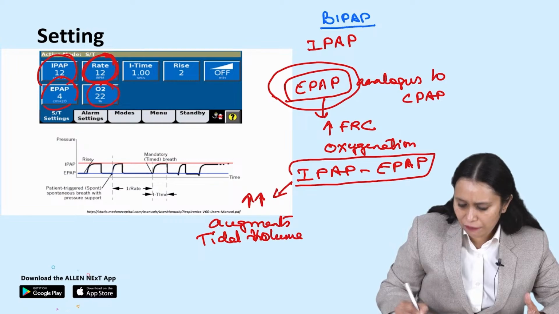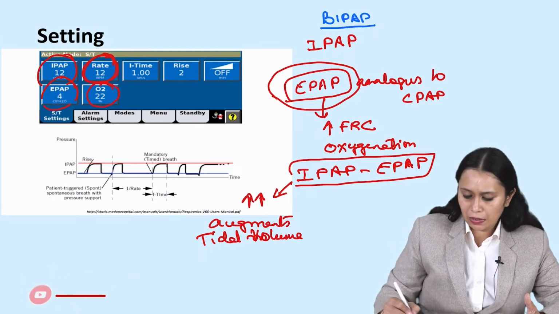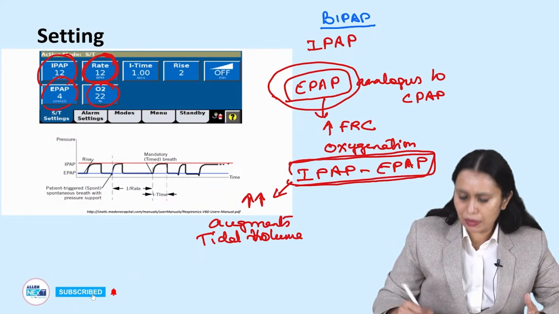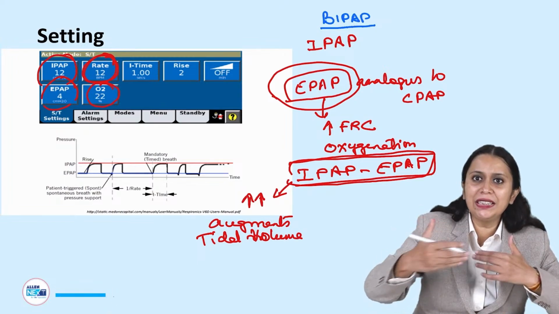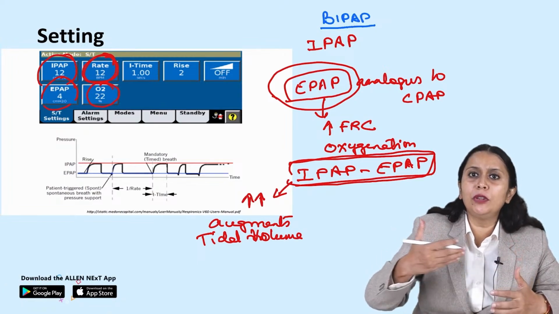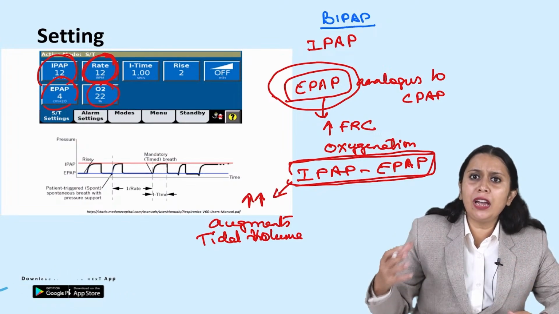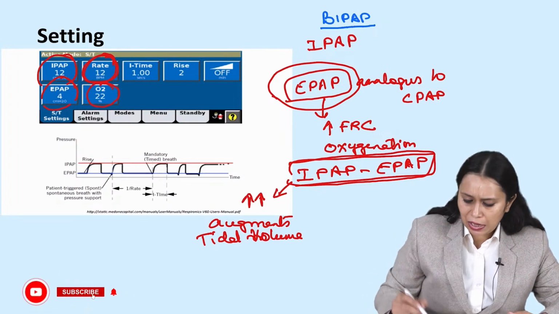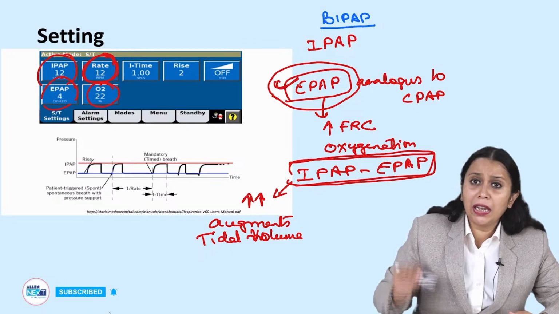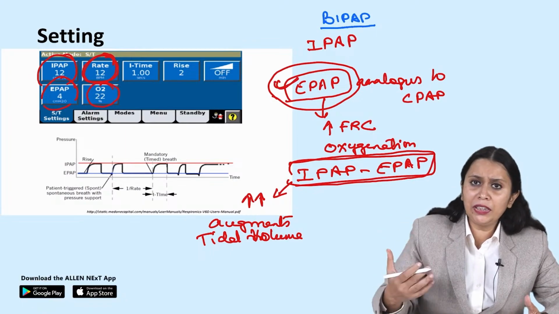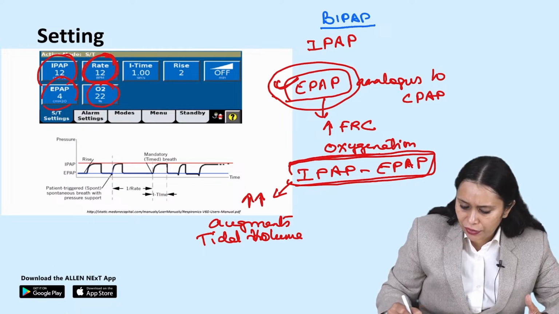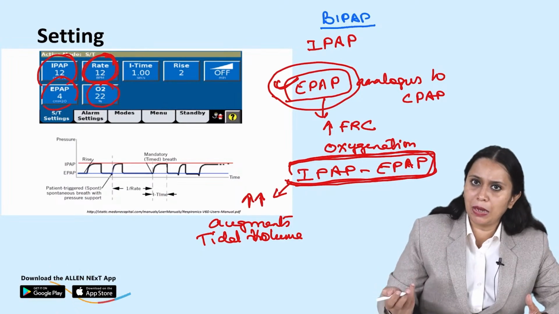So if I have to improve the ventilation, I have to keep this difference higher. I have to increase the difference. The tidal volume will be augmented and ventilation would be improved. If I have to improve only oxygenation, I have to increase EPAP only. And if I have to improve the ventilation, I have to increase the difference between IPAP and EPAP, right?